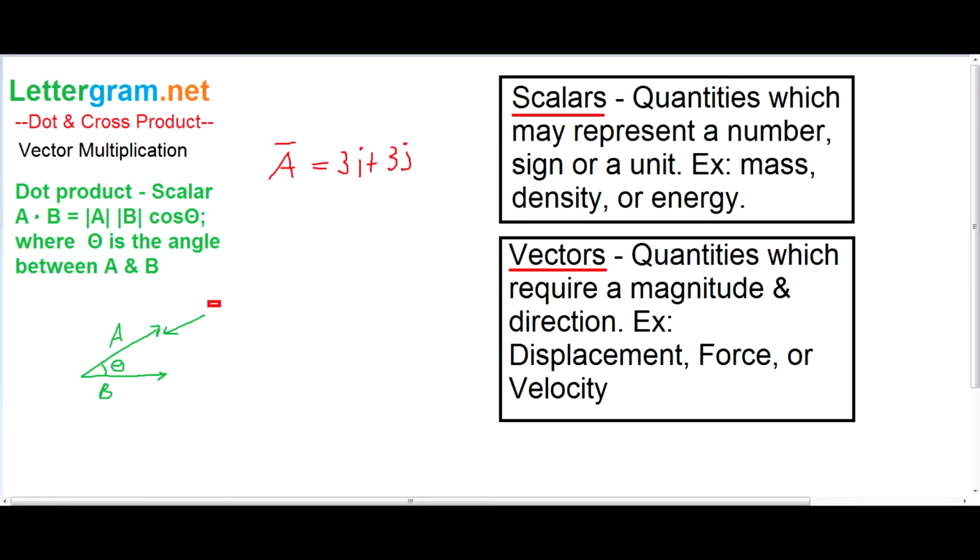Now what j means is in the y direction, down here, there is a value of that vector a, or the sine theta of that, and then the 3i would be the x value, or the a cosine theta of this vector.